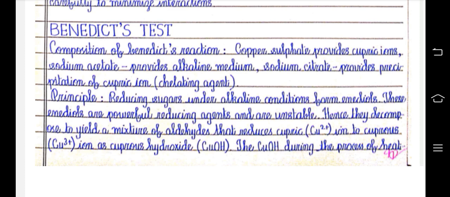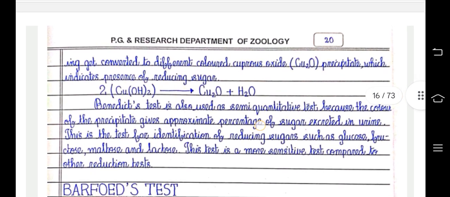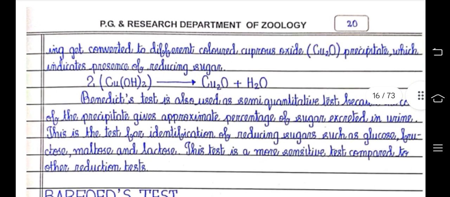These enediols are powerful reducing agents and are unstable. Hence, they decompose to yield a mixture of aldehydes that reduce cupric ion to cuprous ion as cuprous hydroxide, CuOH. The CuOH during the process of heating gets converted to differently colored cuprous oxide, Cu2O, precipitate which indicates presence of reducing sugar.